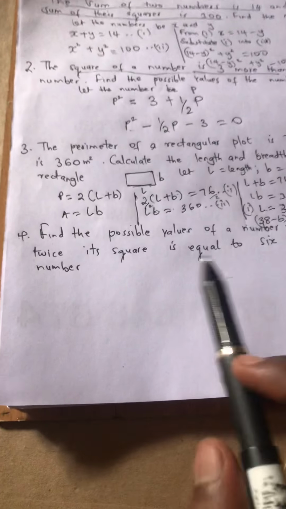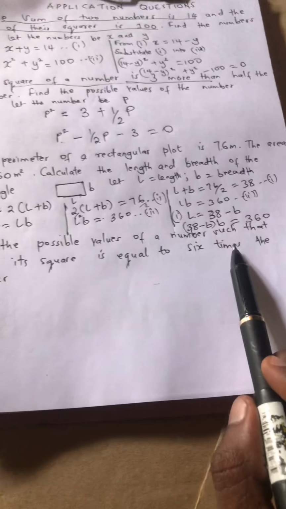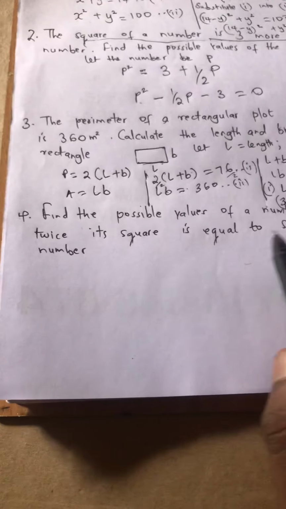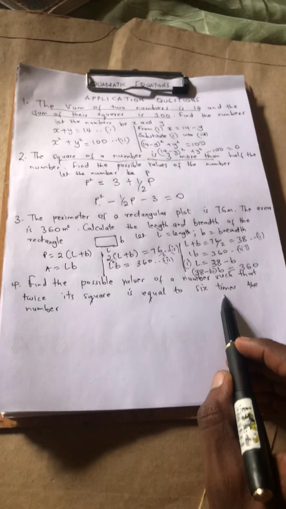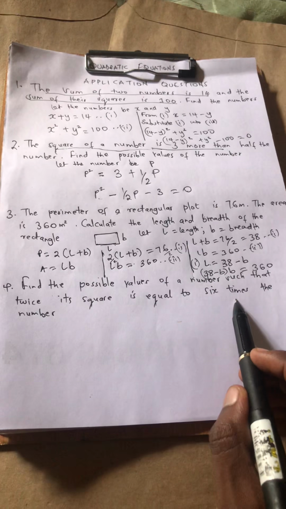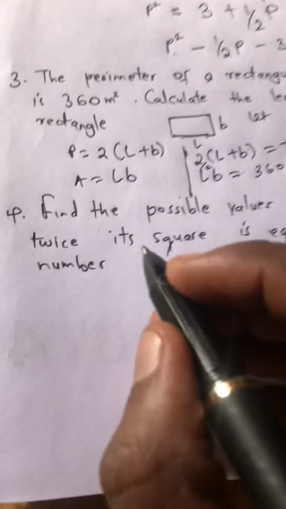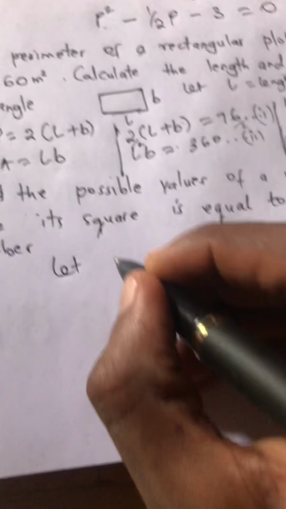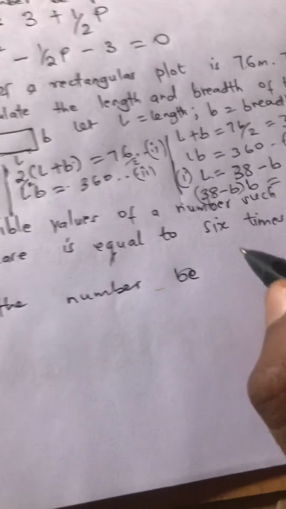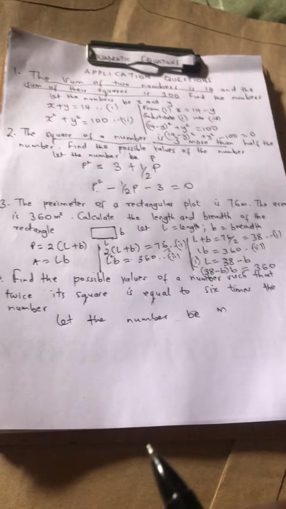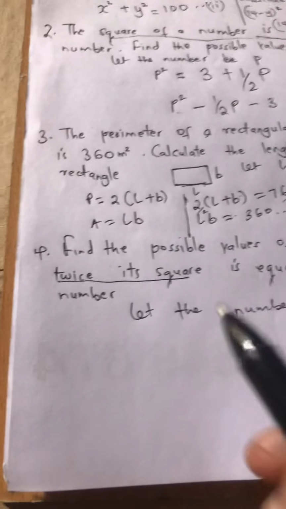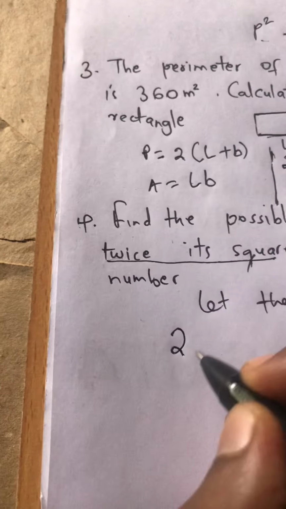Last but not least, find the possible values of a number such that twice its square is equal to 6 times the number. So let the number be, we can say, m.